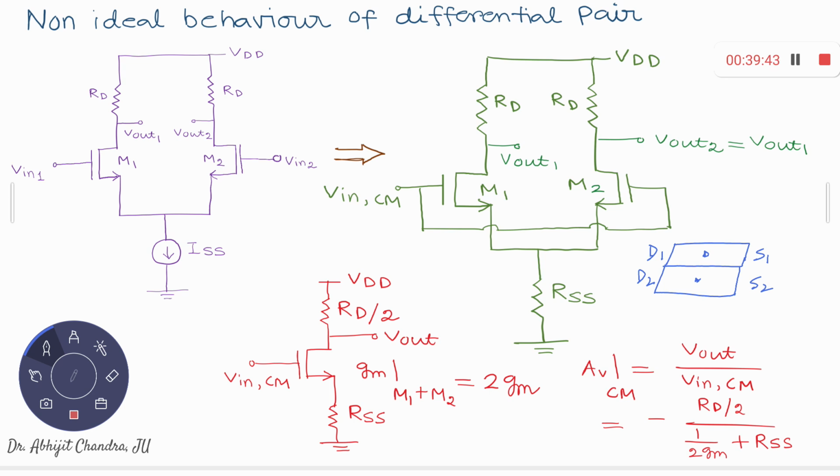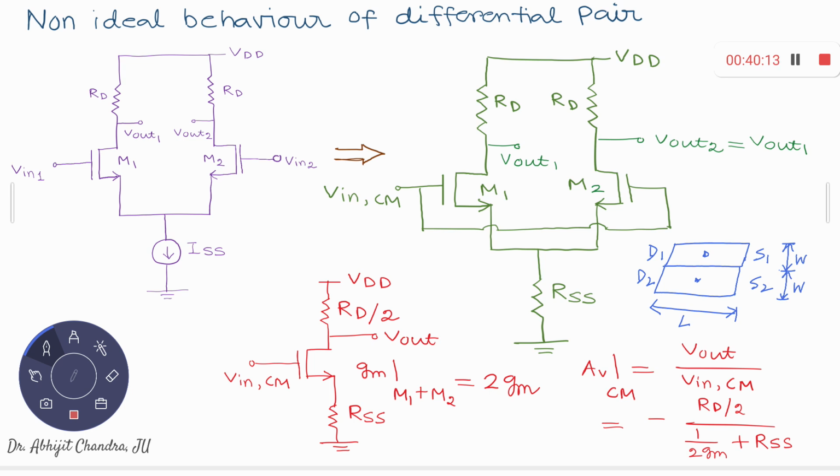What happens if the drains are shorted and the sources are shorted? This is the length, the same length, and these are the individual widths. Now, if they are connected together in parallel, the width gets doubled. W becomes 2W, right?